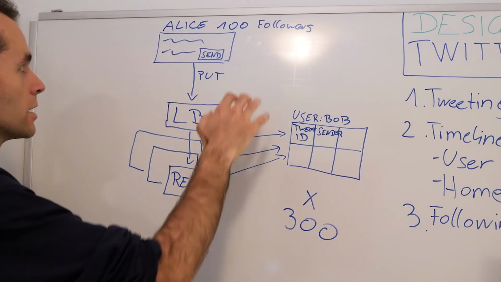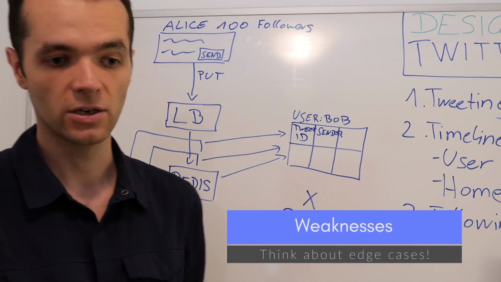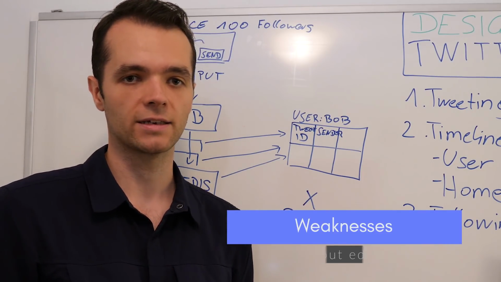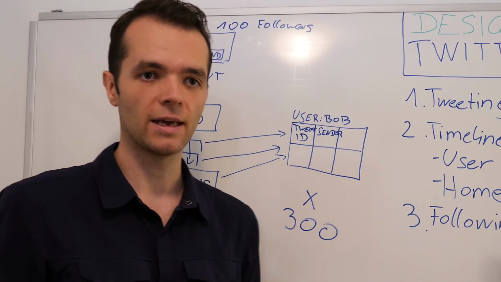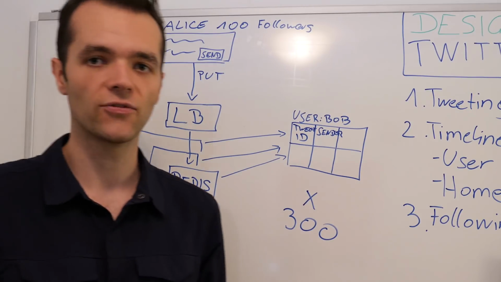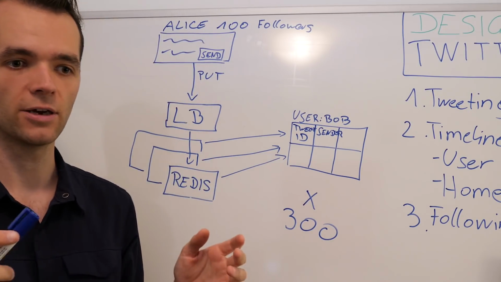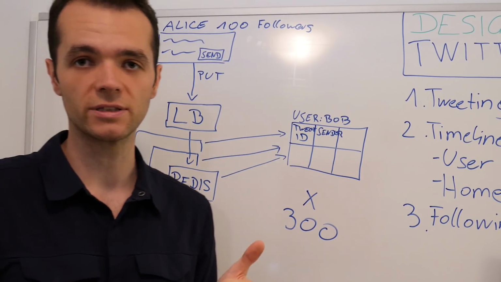And as we saw, Alice has 100 followers and those actions are done 300 times. So what if somebody like Lady Gaga or Justin Bieber tweets something? That means all of their followers, millions, 30, 40, 50, 60 million Redis lists will get updated with one tweet, right?